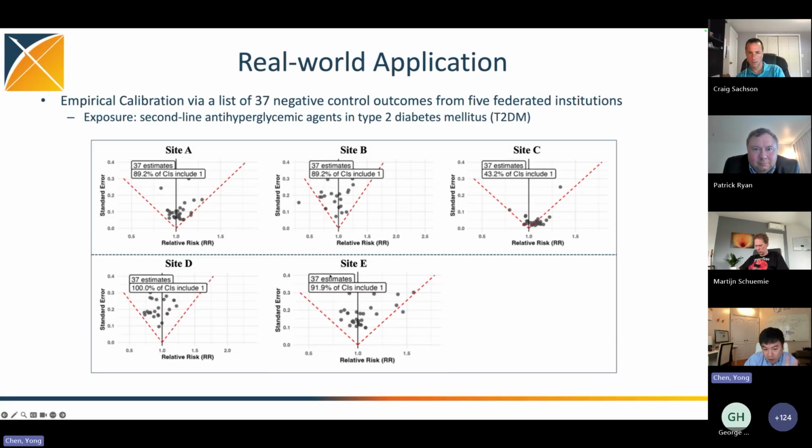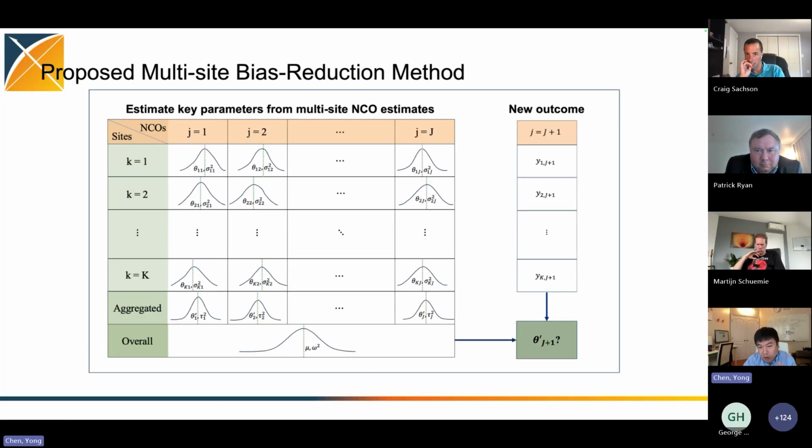As you can see, they are all not close to the 95% nominal coverage level. And across the sites, there is a huge amount of heterogeneity in terms of the coverage. That's one thing we capture. But we want to put this in a table so that we can analyze them together and draw strength from this collaboration.